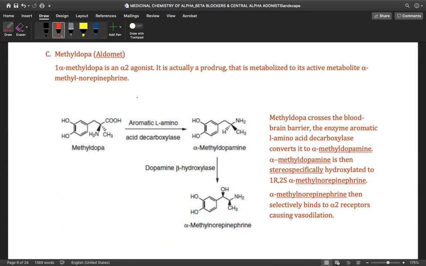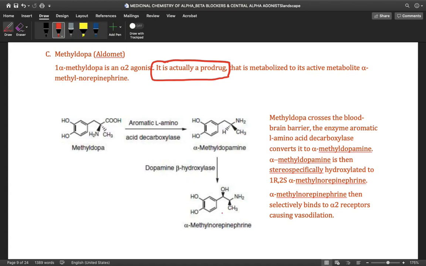Okay. Quickly here, methyldopa. Methyldopa is also an alpha-2 agonist, and it also reduces blood pressure through central effect in the brain. It's actually a prodrug that's going to be metabolized to alpha-methylnorepinephrine.